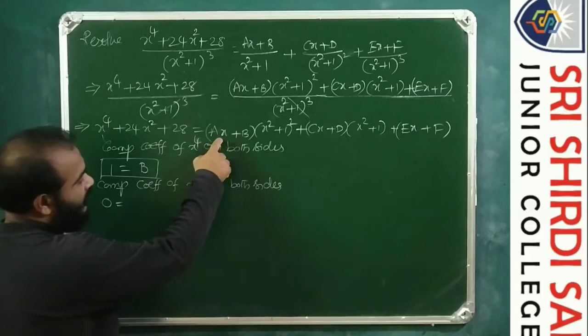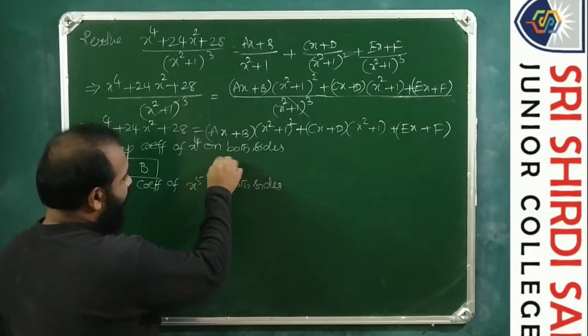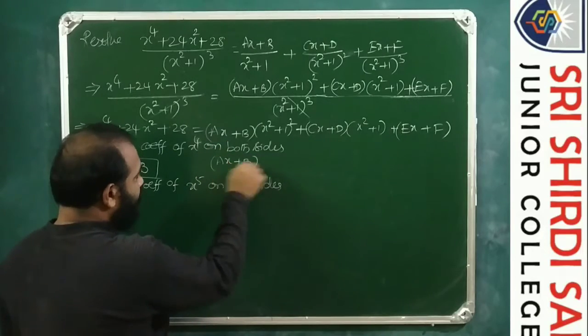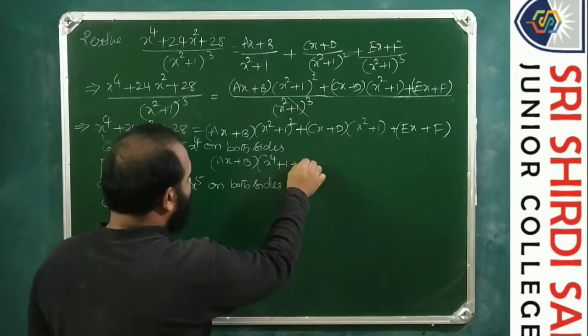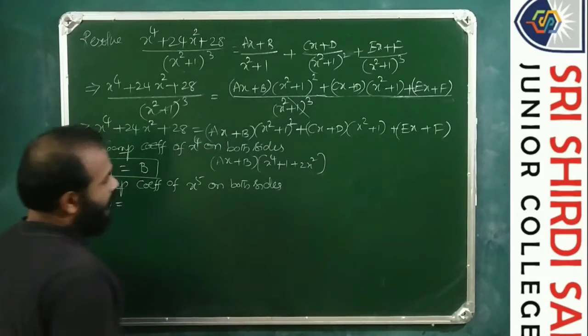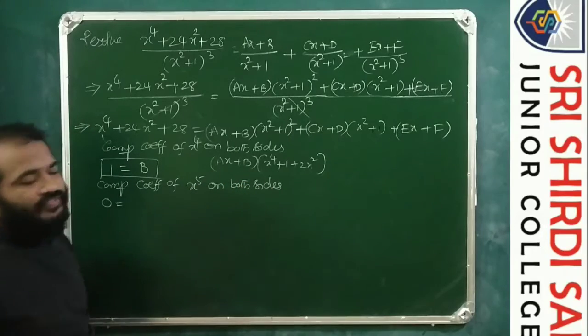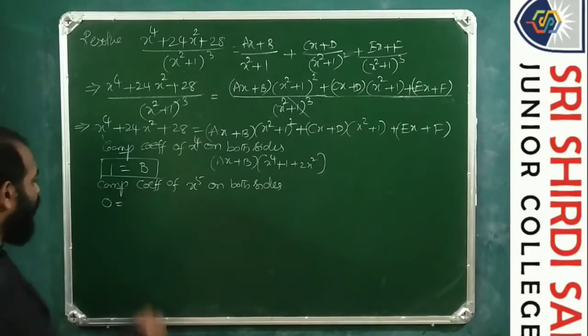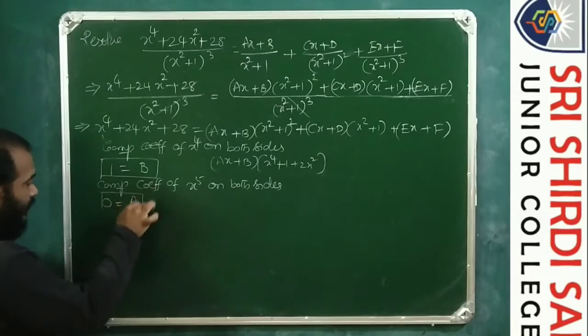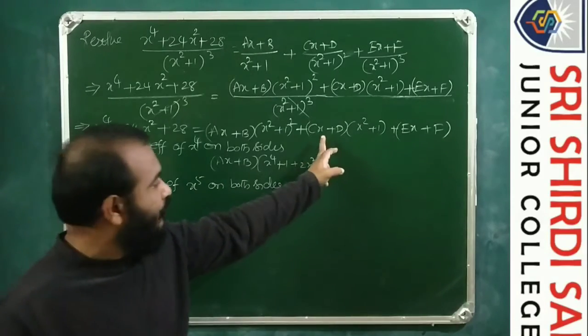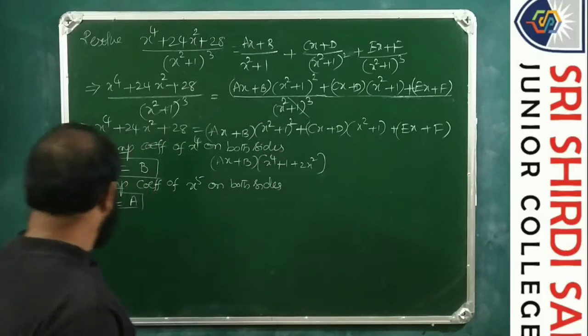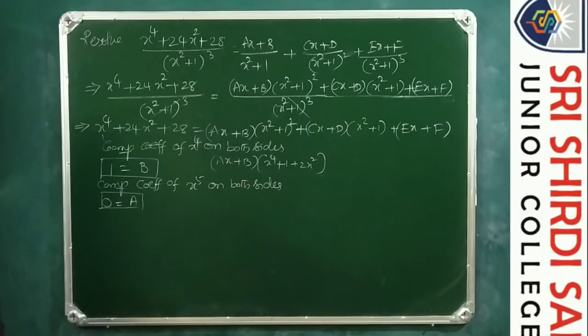So here ax plus b into x power 4 plus 1 plus 2x square. So ax into x power 4 is ax power 5. The x power 5 coefficient is a, and we do not get any x power 5 coefficient elsewhere. So therefore a is equal to 0.